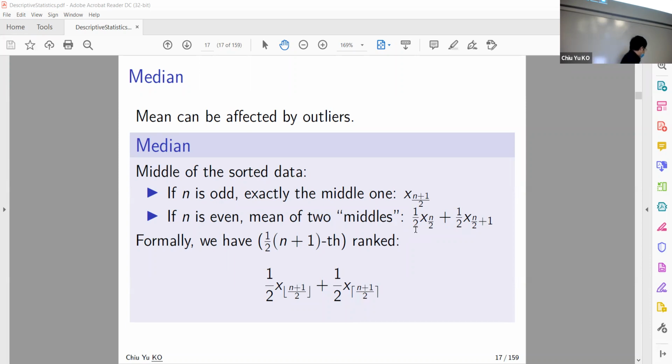This is the k-th, this is the (n plus 1)/2 lower bound, and the (n plus 1)/2 upper bound, x_k.